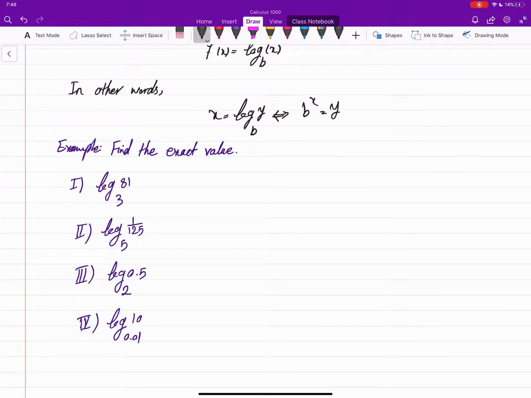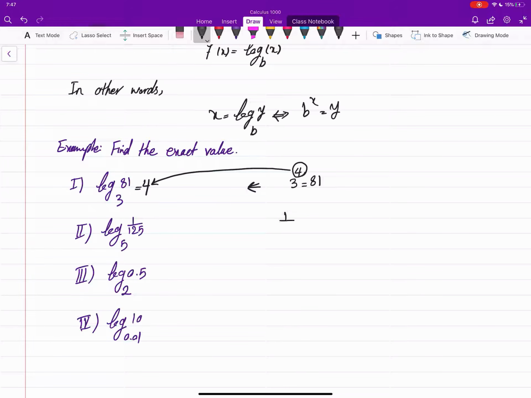Well, starting with the first one, we are looking for a number which, when you put it in the power of 3, you get 81. And with a simple computation, you see that 3 to the power 4 is 81. That means that the log of 81 base 3 is actually equal to 4. It's equal to the power.